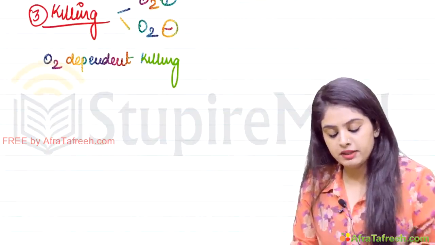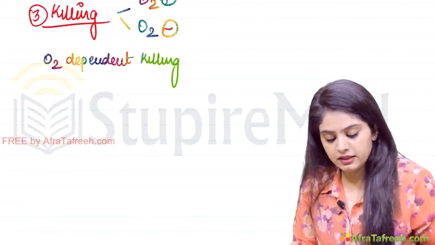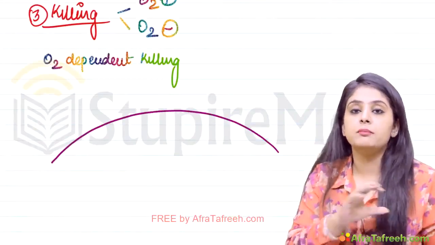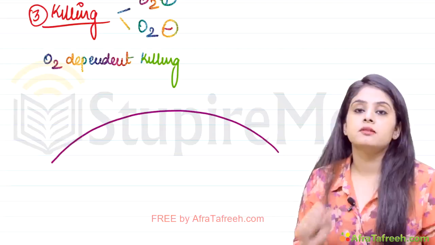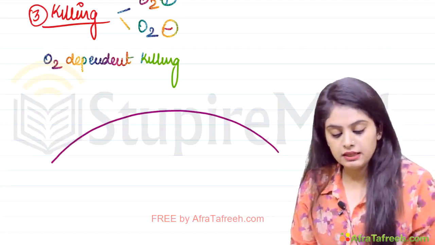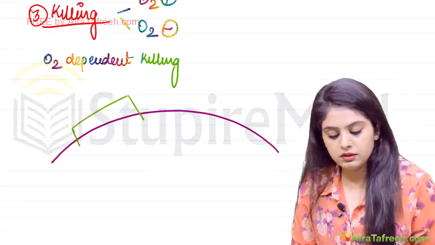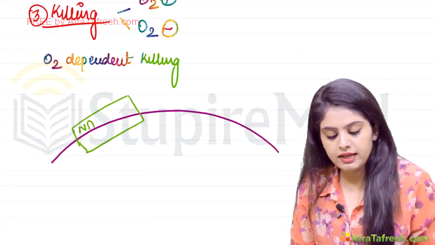So for example, if this is the entire membrane of that lysosome, the first important thing, the membrane has an enzyme over here that is known as NADPH oxidase.